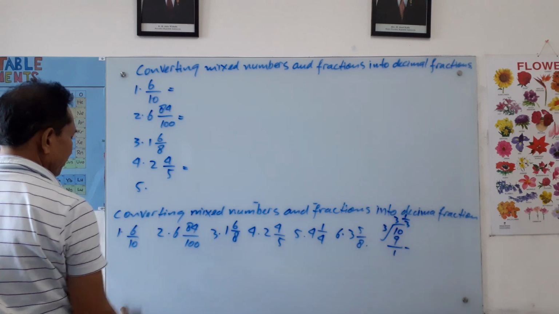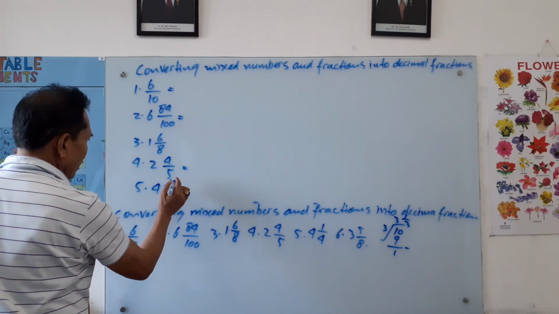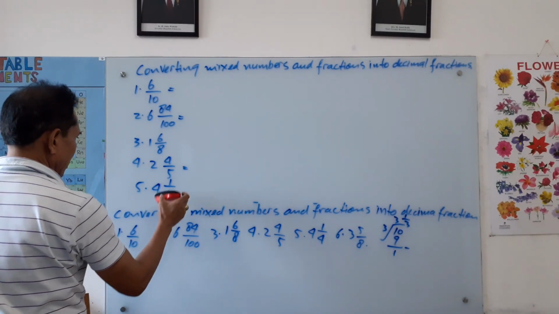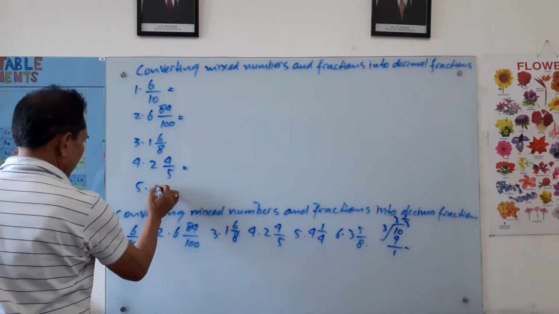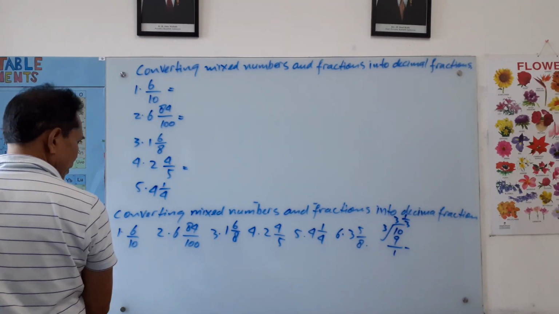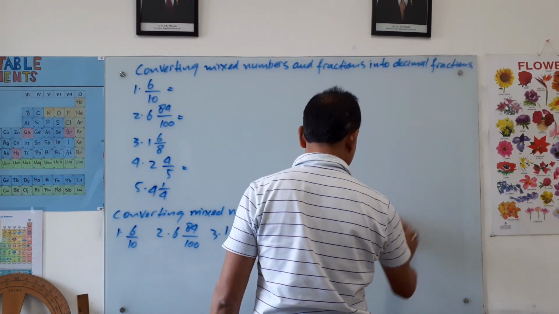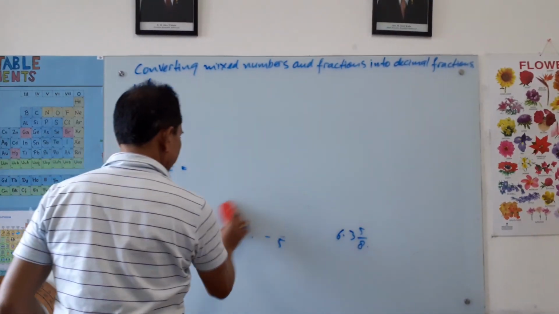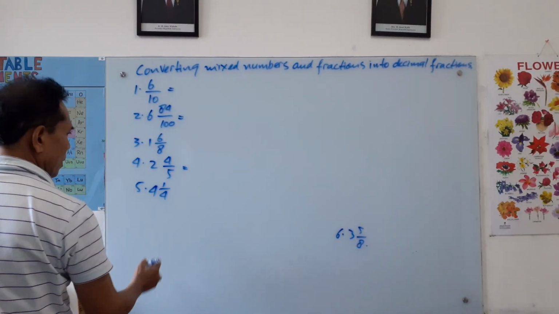Number 5, you have 4, 1 over 4. Oh, I need to erase this. Number 6.